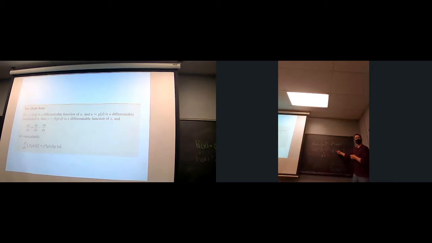This is our constant rule and our power rule, right? So this is just going to come out to be 2. This is our constant rule, which is going to come out to be 0. Comes out to be the exact same.